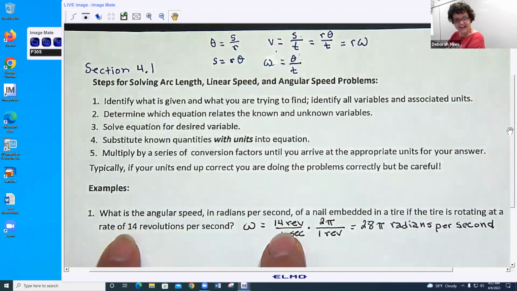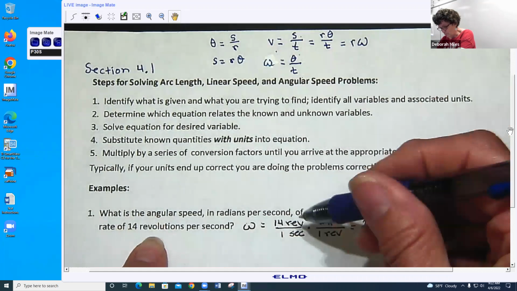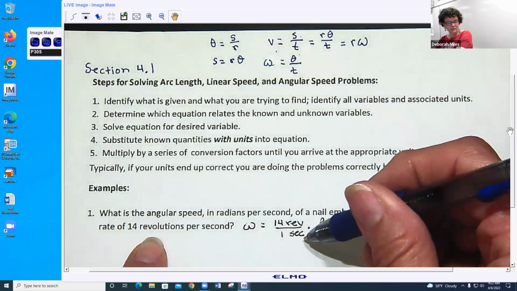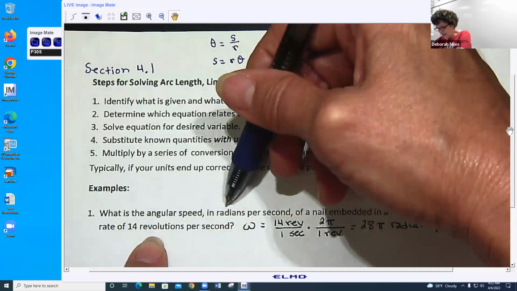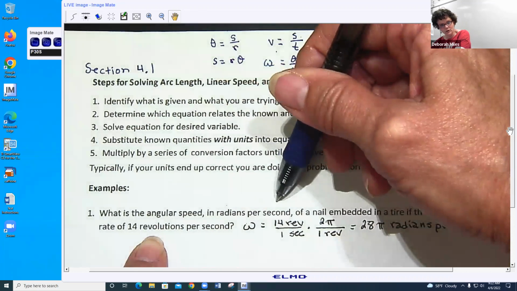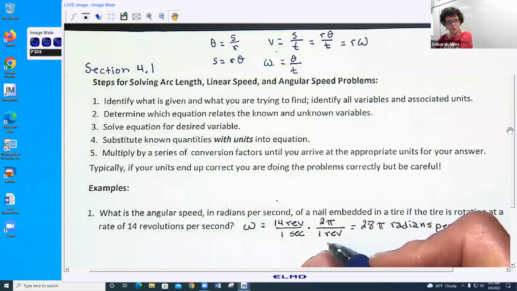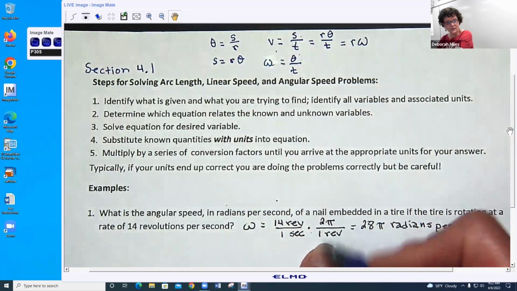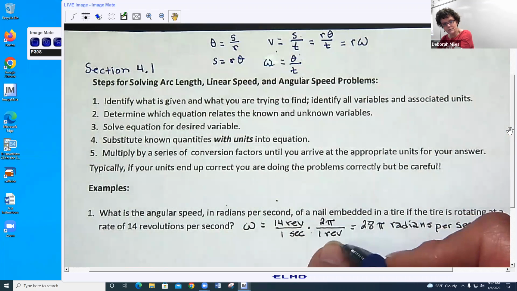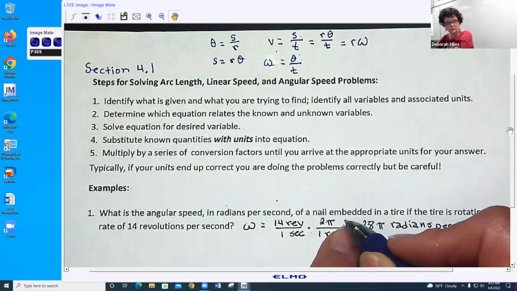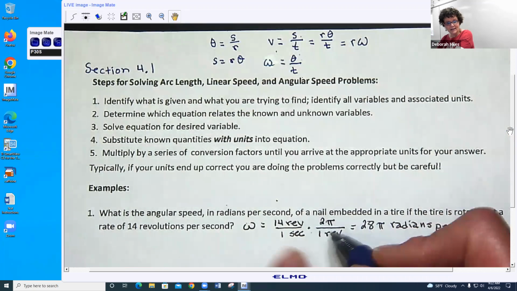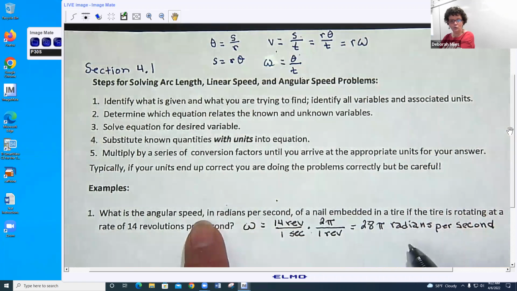If this wheel is turning at 14 revolutions per second, then you write that as 14 revolutions over 1 second. But if you want it in radians per second, use your unit canceling. If you want to change revolutions to radians, you need to write a unit fraction, a fraction that equals 1, that has revolutions in the denominator and radians in the numerator. Those revolutions cancel and leave you radians per second, which is what you were asked for. So just 28 pi. 28 pi radians per second.